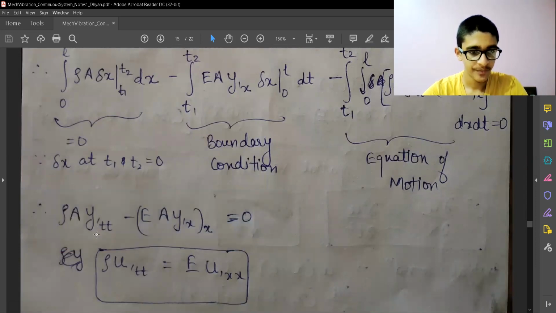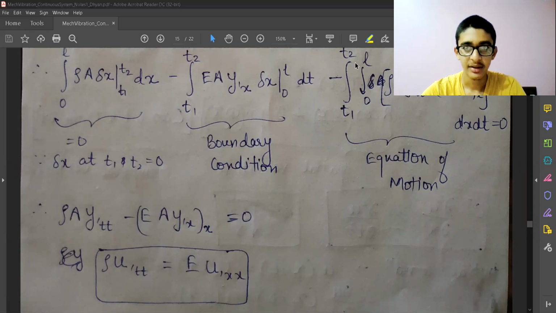And if I am going to open it up, this is same as what we had earlier. So I can expand this and get EA del square u by del x square. Y displacement is a bit misleading, so it is actually the x direction displacement.